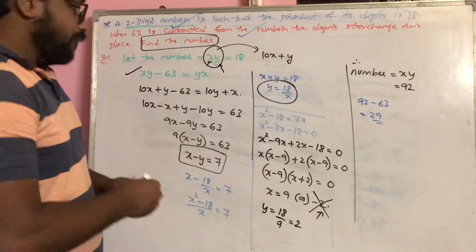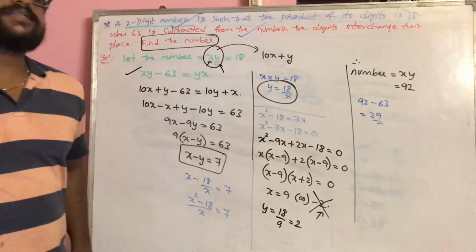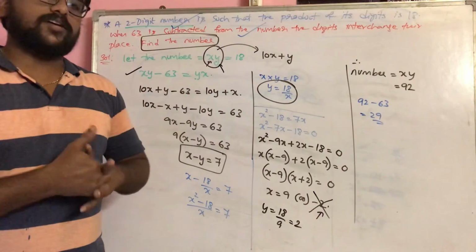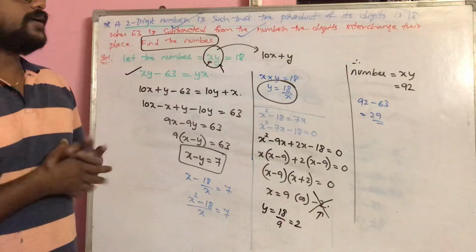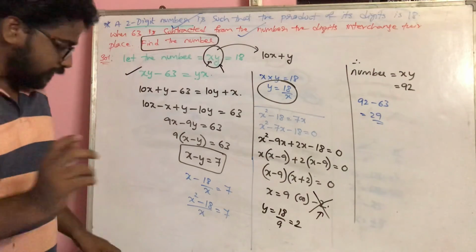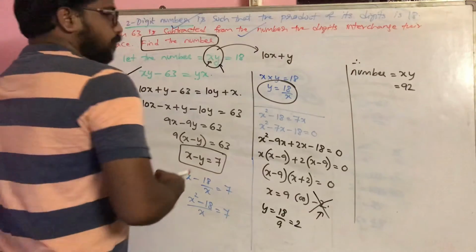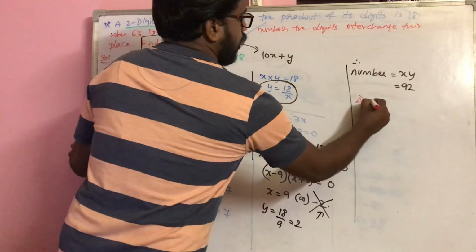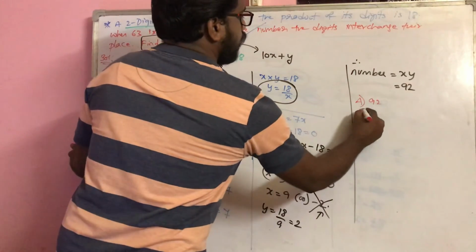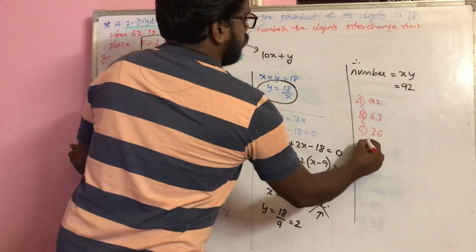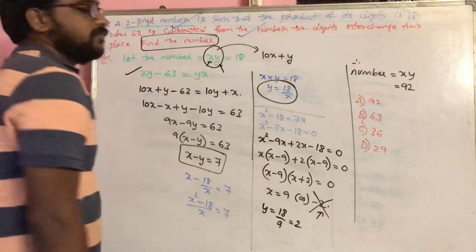If the same question is in a competitive exam, you don't need to do this much procedure. From the options itself, you can cross check whether you are getting the correct answer or not. Let me give a simple example here. For the same question, options may be like this: option A 92, option B 63, option C 36, option D 29.